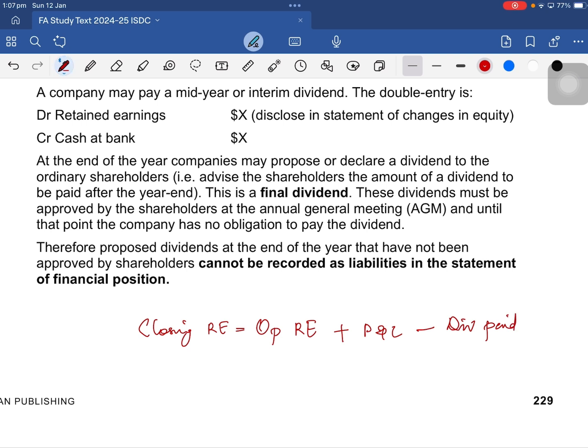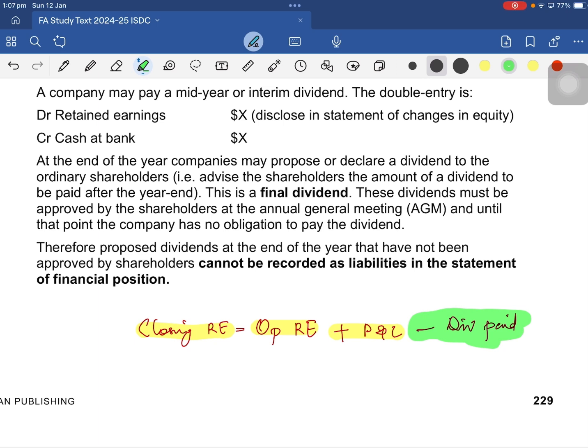This is the equation. So if your question has given you all of these details but this is missing, you know how to calculate it, right? If the question has every detail but this is missing, just rearrange the equation and find the dividend. Understood?